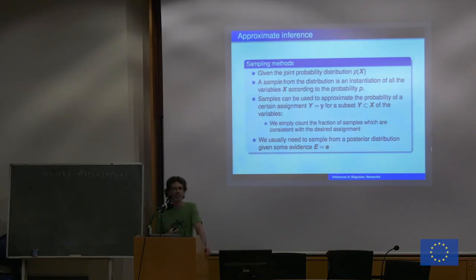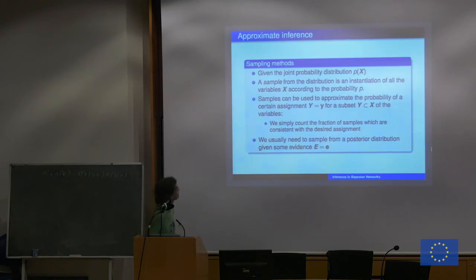You have a probability distribution, you sample from this distribution, you get configurations, and you look at how many configurations are consistent with what you're interested in, with the values of y you want to compute. And the fraction gives you the probability. So if, let's say, I want to compute the probability that it's raining, I have a network with a number of nodes. I sample from this network. I get 10,000 samples. 2,000 are samples in which it is raining. So the probability of raining is 2,000 over 10,000.